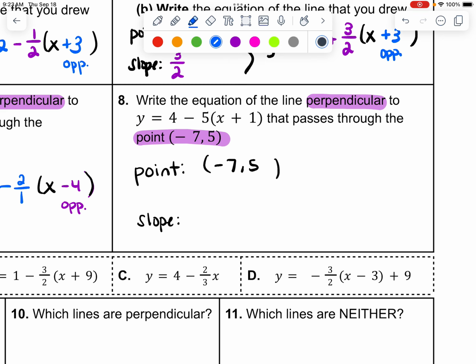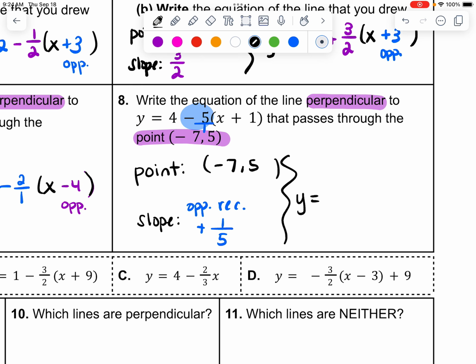And the slope is going to be the opposite reciprocal of the line that we already have. Now this slope doesn't look like a fraction, but there's really an invisible 1 here. So the opposite reciprocal would be 1 over 5, and we would make it positive because it needs to be the opposite sign. Then we're going to put that information together in an equation.